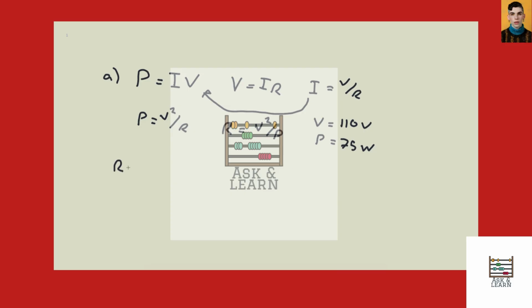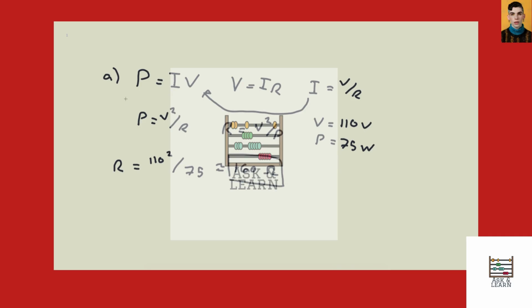So plugging that in, we find that R is equal to 110 squared divided by 75, which should give us 160 ohms, where here I'm using two significant figures because that's the number used in the problem.